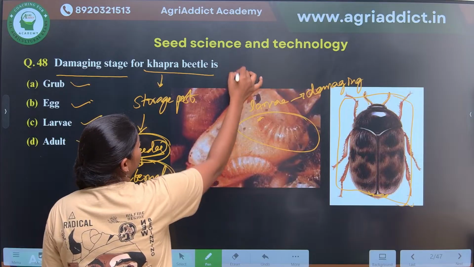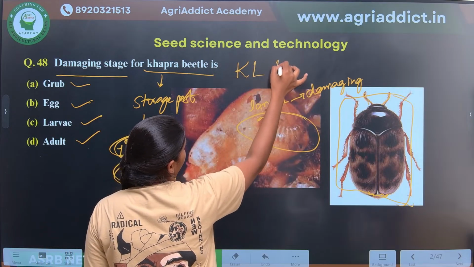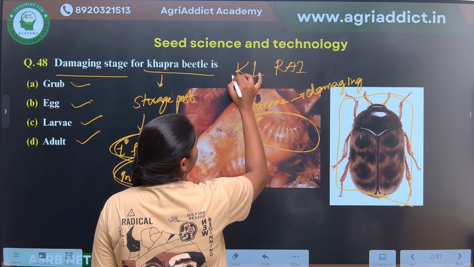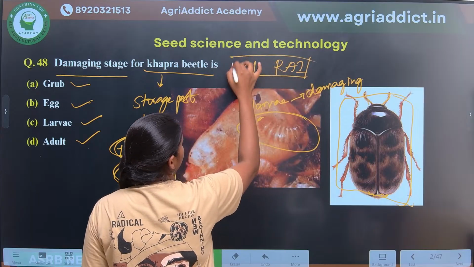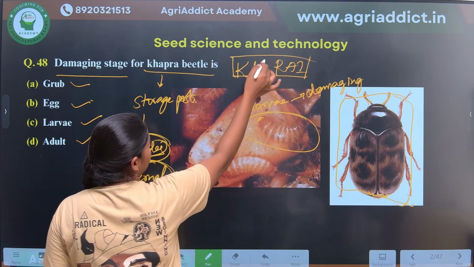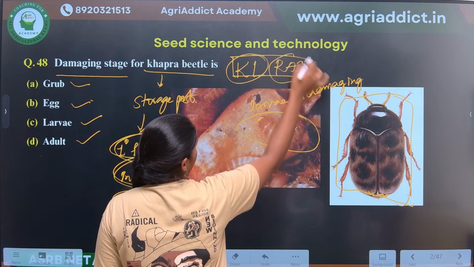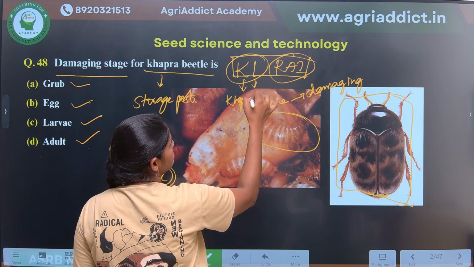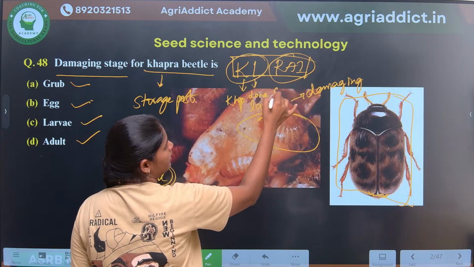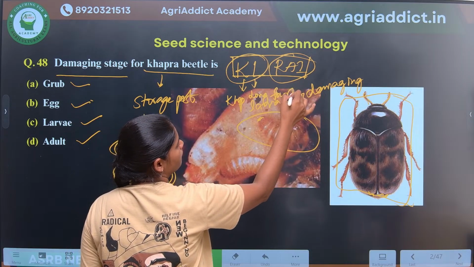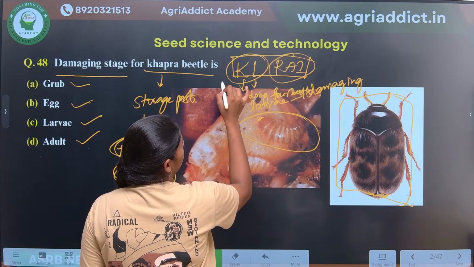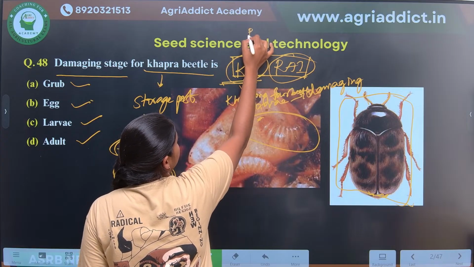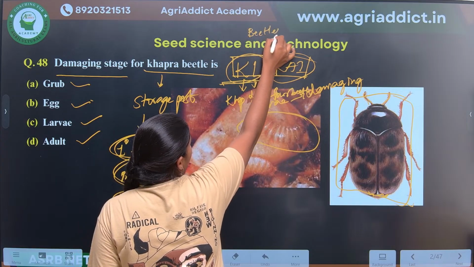We have come up with one trick, that is KL Rai. You can remember in any way, KL Rahul also. Here, what is KL and what is Rai? Here K is Capra beetle, L is long floor beetle. We have so many beetles, right?